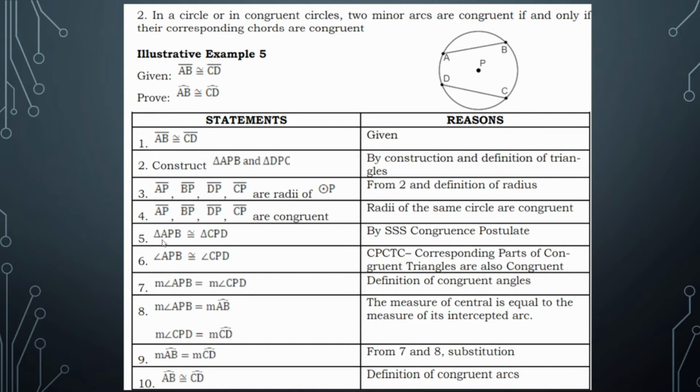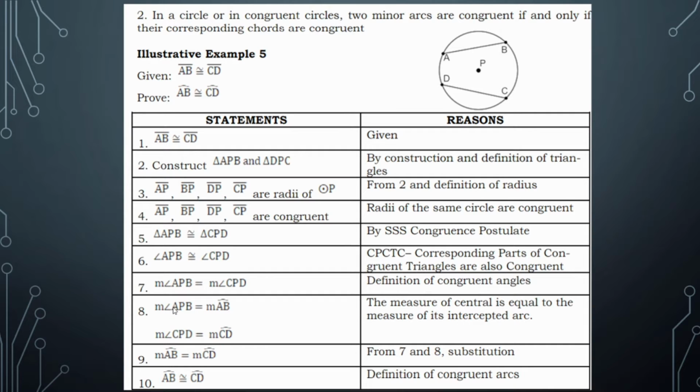So triangle APB and triangle CPD are congruent using the side-side-side congruence postulate. Therefore, angle APB is congruent with angle CPD, using the corresponding parts of congruent triangles are congruent. So the measure of angle APB and the measure of angle CPD are also congruent by the definition of congruent angles.